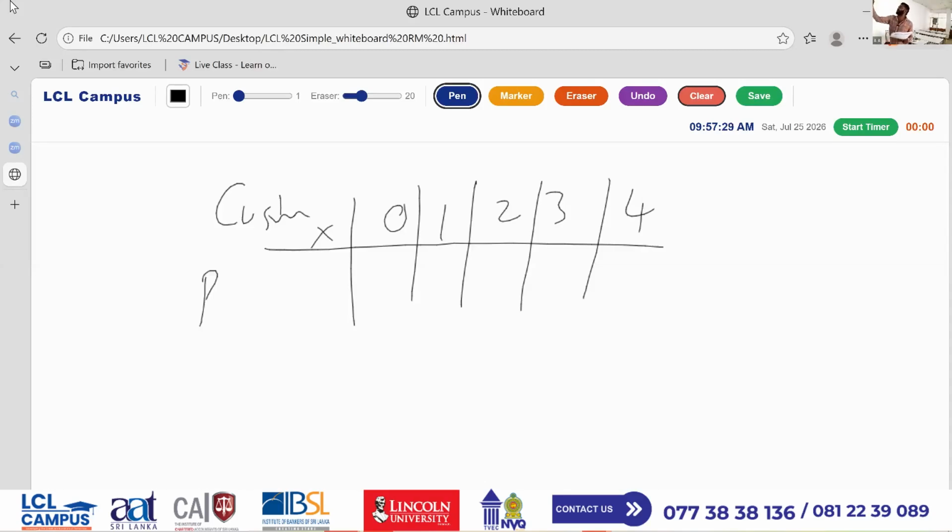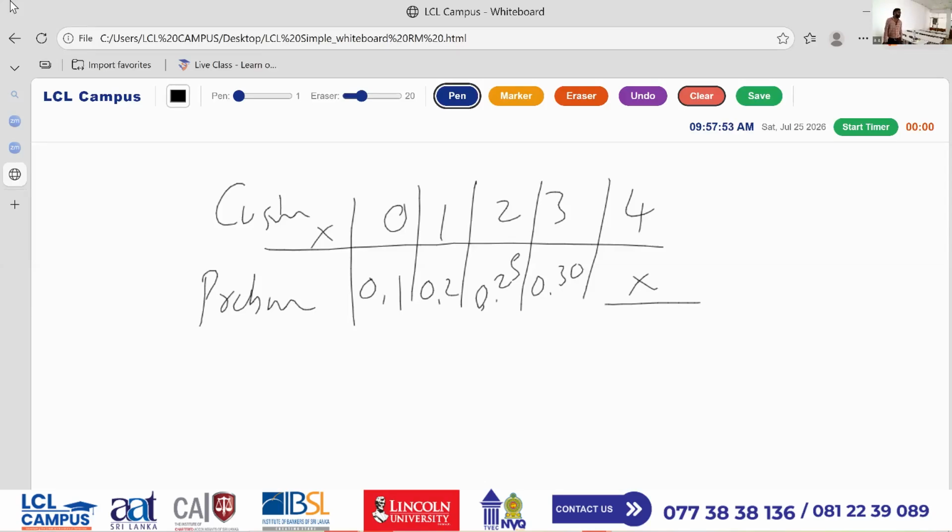Then the probabilities are given: 0.1, 0.2, 0.25, 0.30. Here, are they asking for X? Nothing. Calculate the X value from the probability distribution given above.